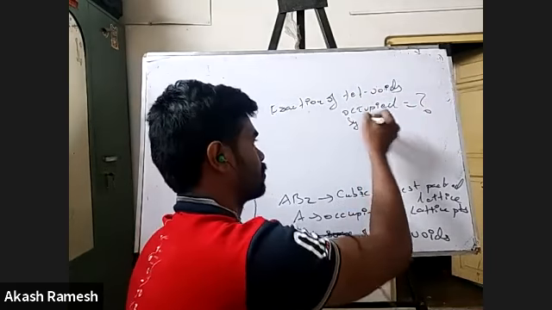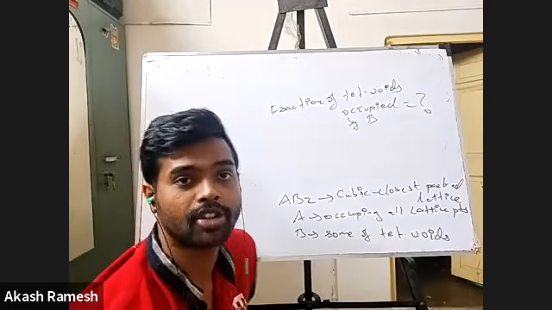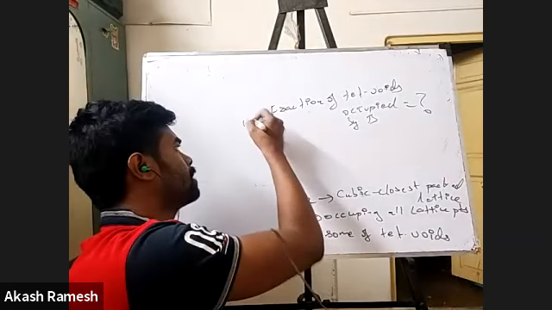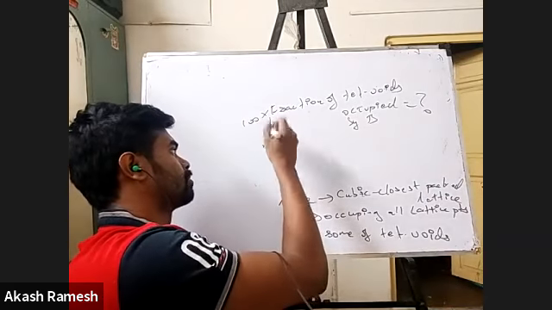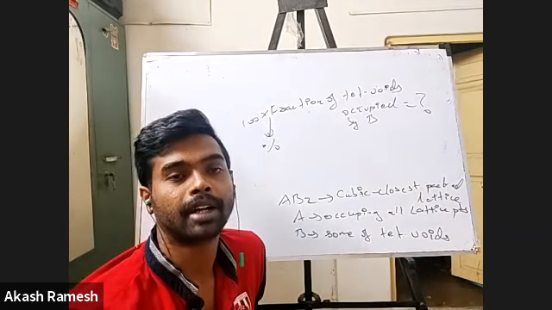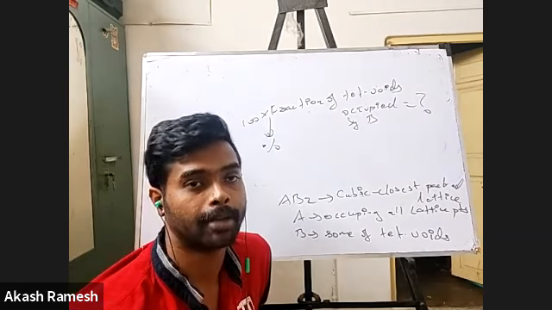If I multiply this fraction by 100, I'm going to get the percentage. So you can even tell me what is the percentage of tetrahedral voids occupied by B.